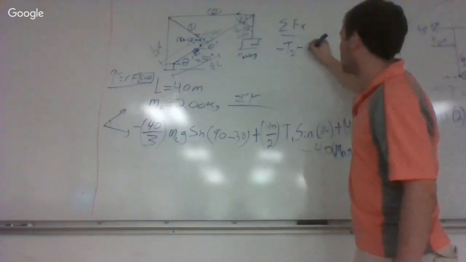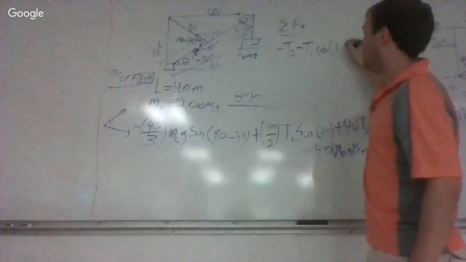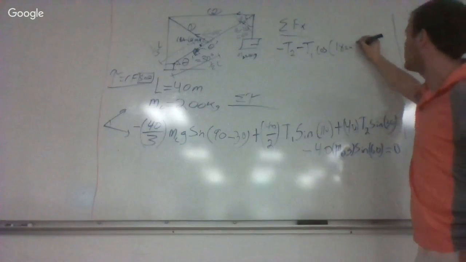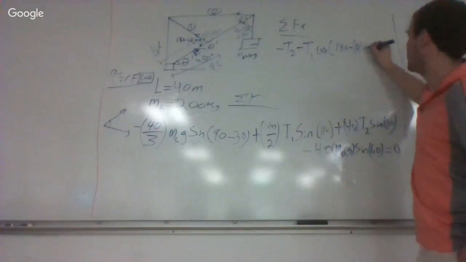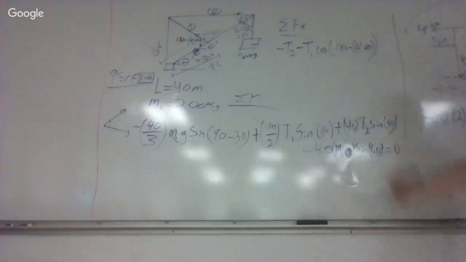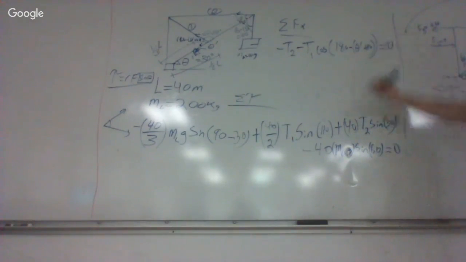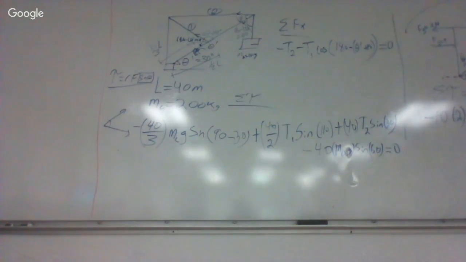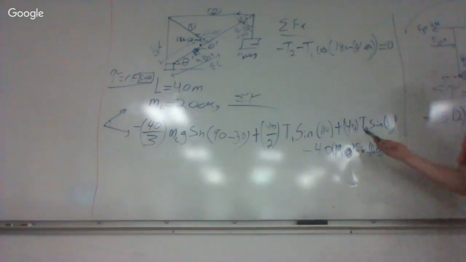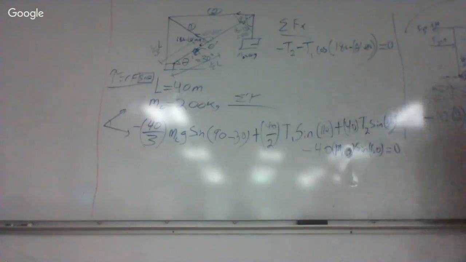So that would be, again in the x direction, T1 cosine of 180 minus theta prime plus 110. Okay? And then sum the forces combined.